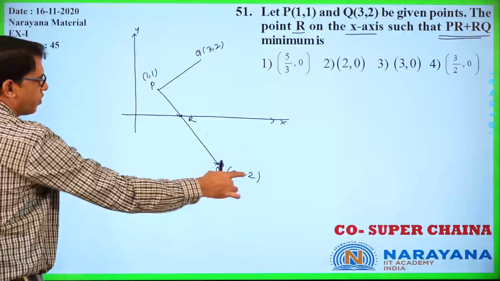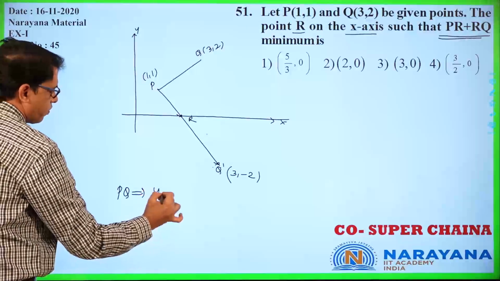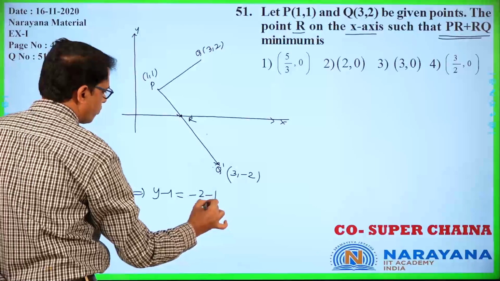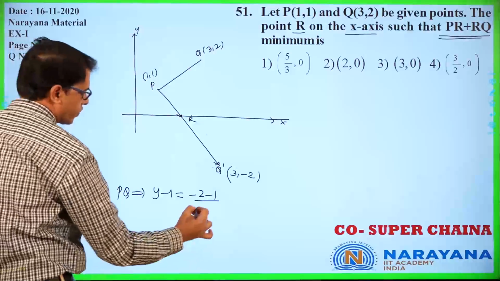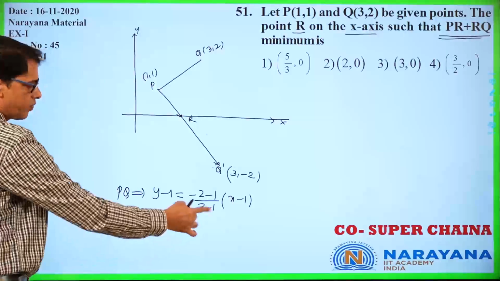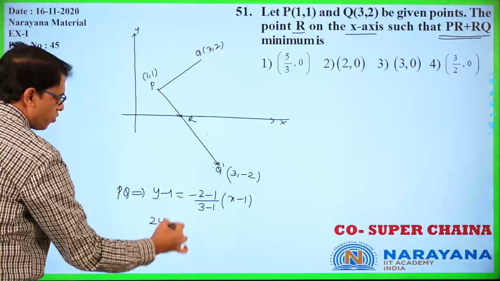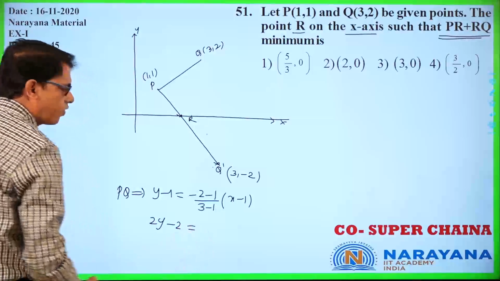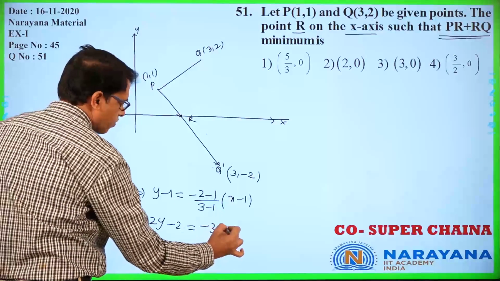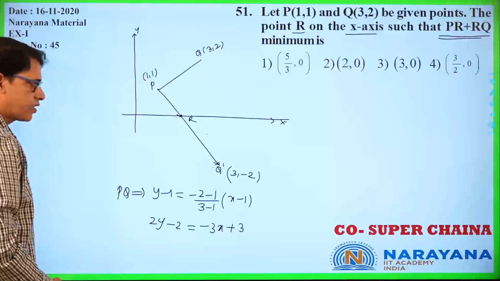Therefore the equation of PQ dash, again by the 2-point form: y minus y1 equal to (y2 minus y1) upon (x2 minus x1) into (x minus x1), that is, minus 2 minus 1 by 3 minus 1 into x minus 1. Cross multiply: 2y minus 2 equals minus 3x plus 3.